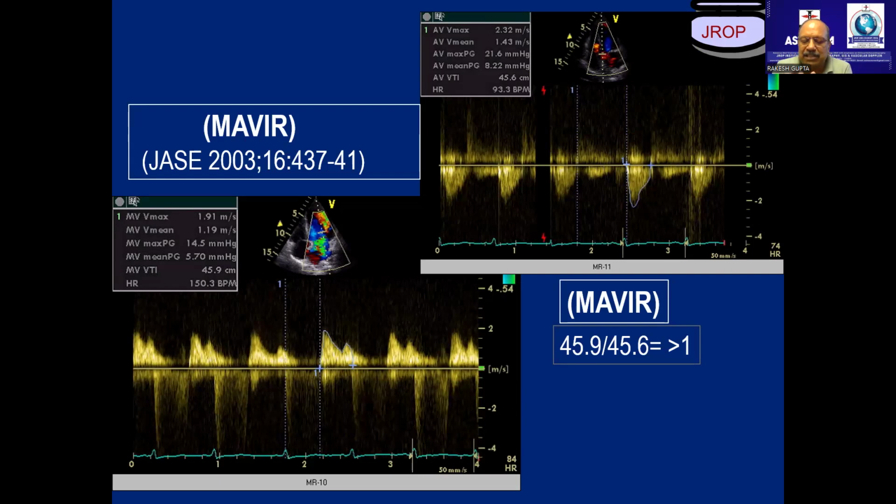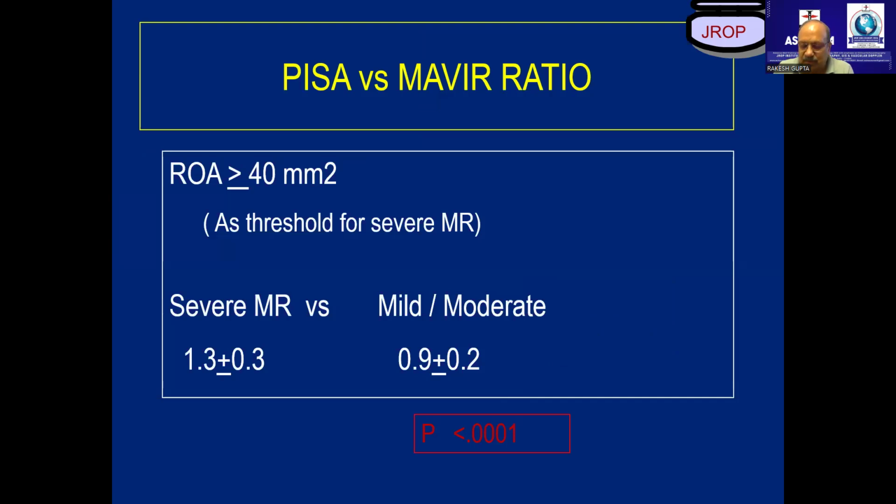Look at the mitral valve VTI. Look at the aortic valve VTI. Divide mitral valve VTI by aortic valve VTI. If the ratio is more than 1.3, it is considered severe. That was 0.25, here it is 1.3. And it correlates really well with PISA.